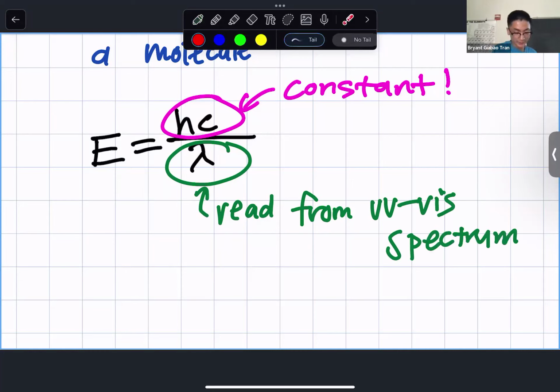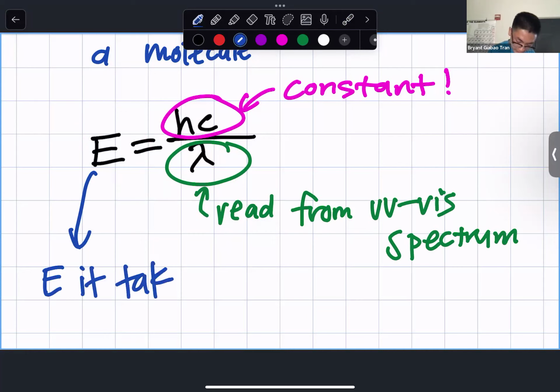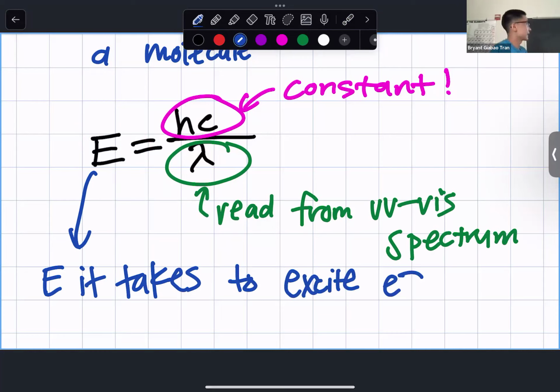And then once you have that, you could calculate how much energy it takes to excite the electron to the higher excited state.